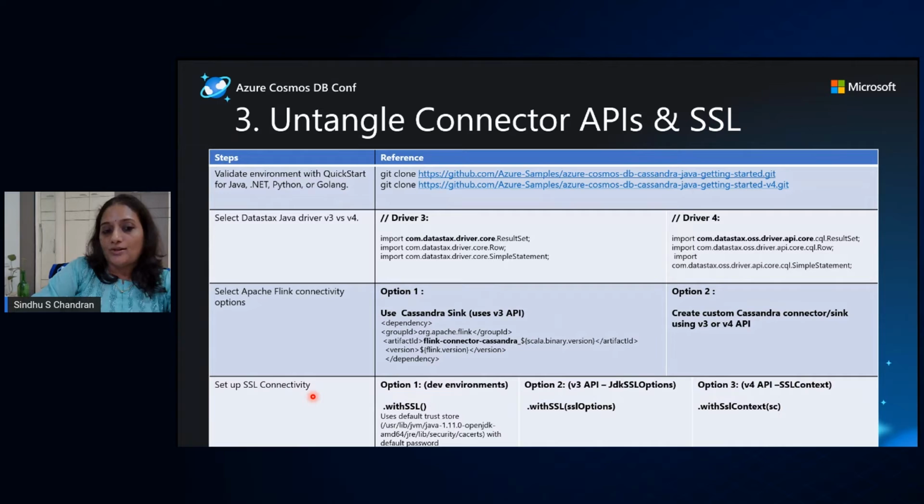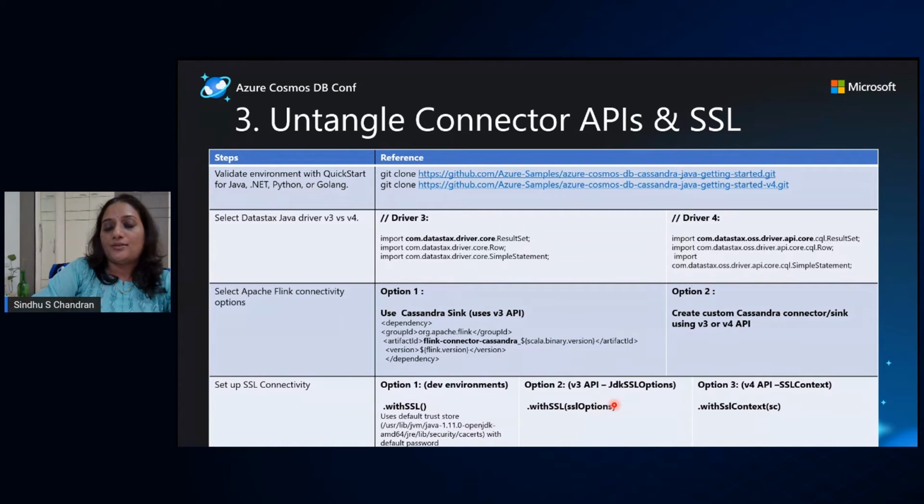The last thing to know in terms of code changes is related to the SSL connectivity. So you might not have been using this on-prem if you were in an internal environment, and so this is something that has to be done when we move to Azure. So you could use just the with SSL without a key store, and it would just pick up the default Java trust store, which would do for dev environments.